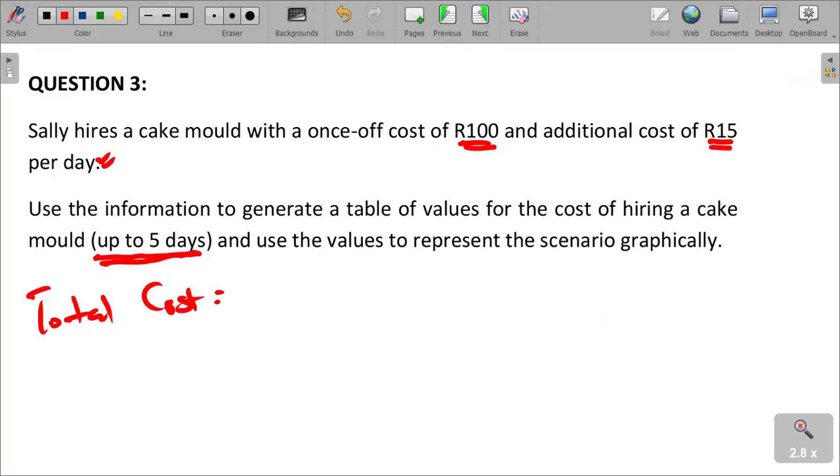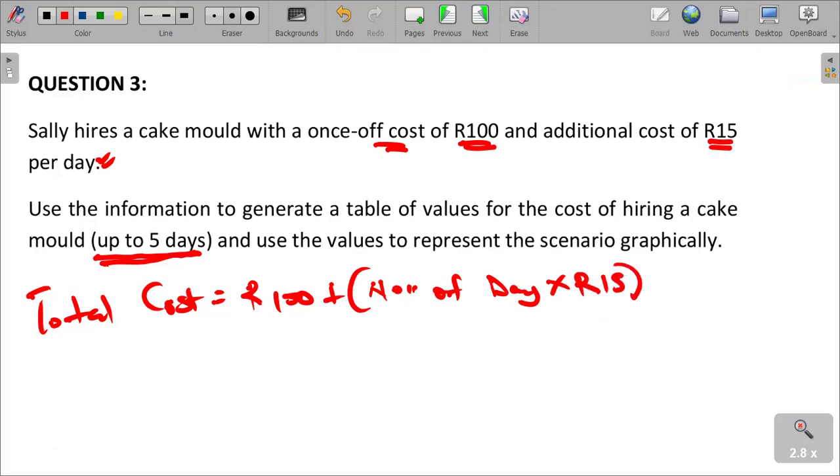Total cost is equal to the cost of the cake mod, which has a once-off cost of 100 rand, so it is equal to 100 rand, plus the number of days multiplied by 15 rand, because we are told that it is 15 rand per day.